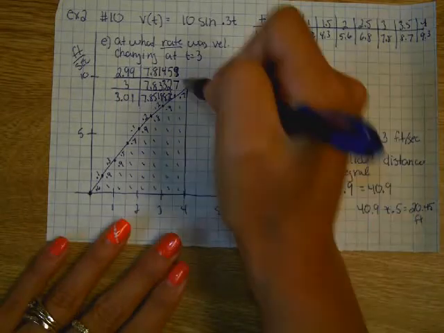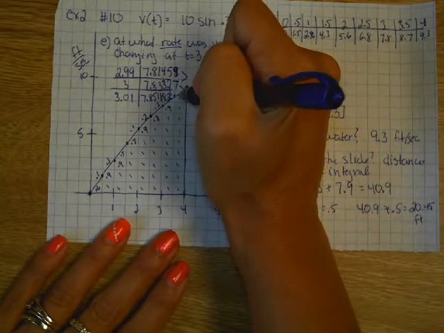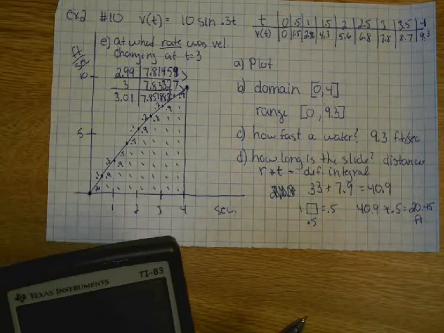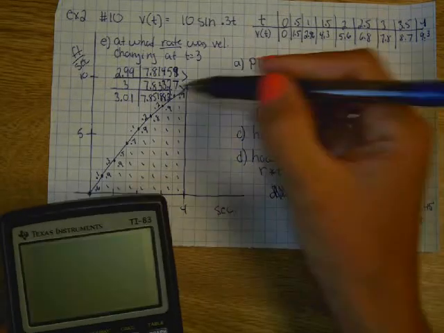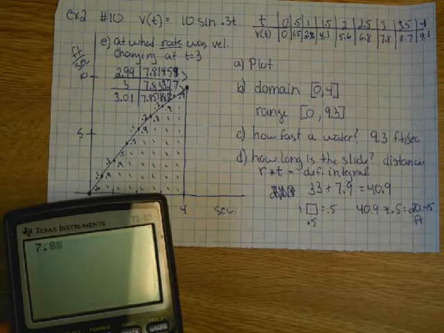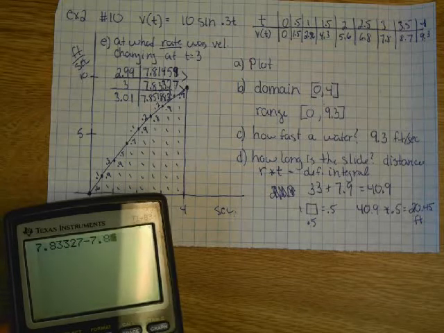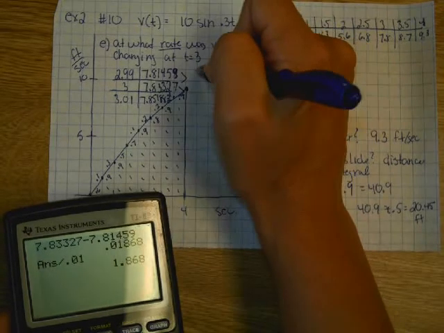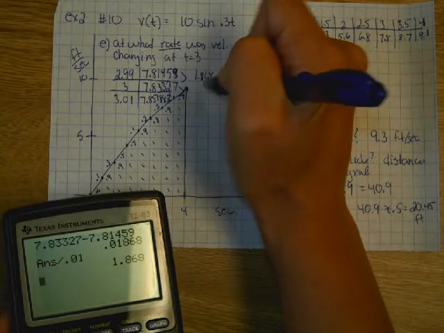We're going to do the change in y over change in x and average those two together. Okay, I'm just going to do them on the calculator because I don't have much room to write them. So I'm going to take this one, subtract this one. So 7.83327 minus 7.81459, divide by 0.01. I get 1.868 on the top.